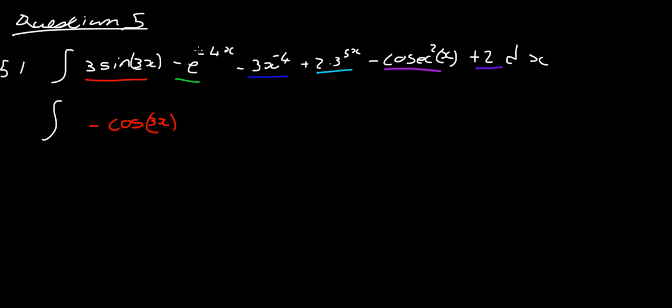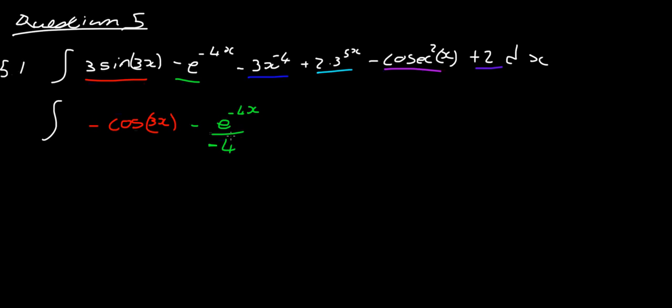Next, let's integrate this term. So minus e to the minus 4x. Well, the integral of that is plus e to the minus 4x over 4. Once again, how do I know that?